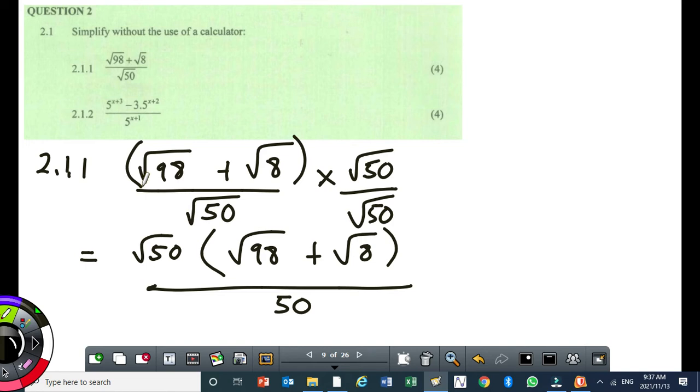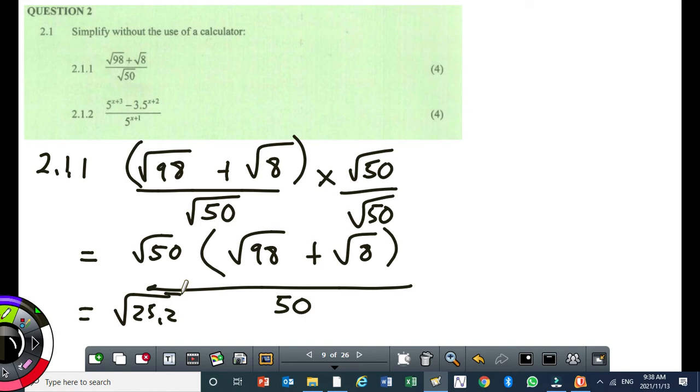Those are your perfect squares. Then your prime numbers, 2, that's the smallest, then 3, then 5, and so on. So how can you write square root of 50 as a product of a perfect square and a prime number? So that will be square root of 25 times 2.